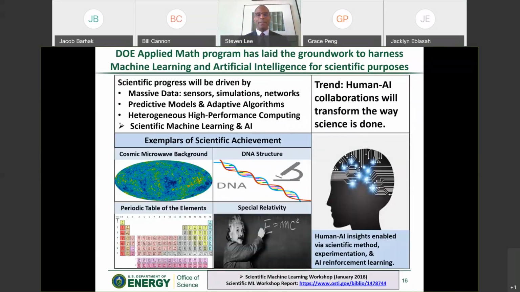I'll just end with the last slide. The DOE Applied Math program has really laid the groundwork to harness both machine learning and artificial intelligence for scientific purposes. Again, these are being driven by data. I know that NIH collects a lot of data from its advanced instruments. Again, with this meeting coming up in a month, we're looking at predictive models and adaptive algorithms.